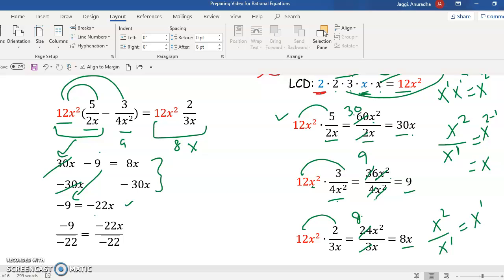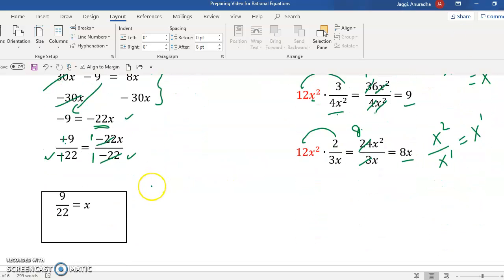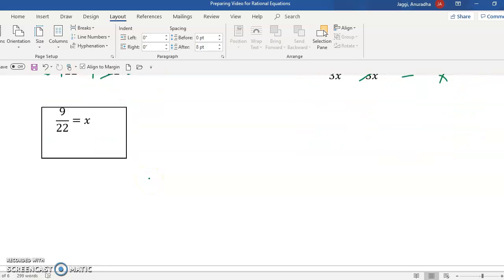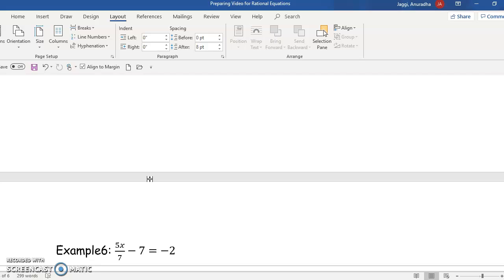Negative 22 is multiplied with x, so you're going to use the inverse operation. You will divide by negative 22 on both sides of the equation, and you will get negative 22 over negative 22 gets cancelled. This is 1 over 1, and negatives get cancelled to become positive, and your answer is 9 over 22. Okay, moving on to the next example.